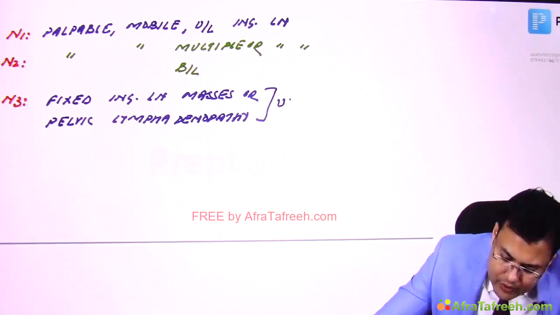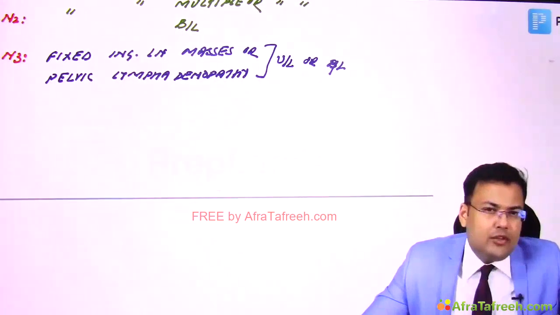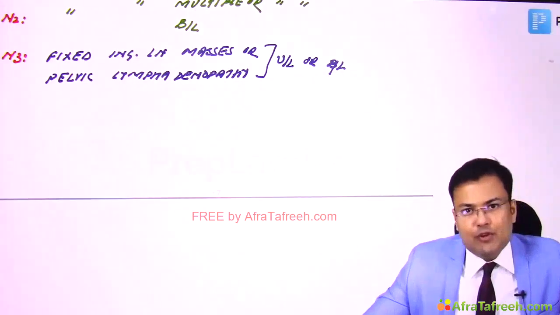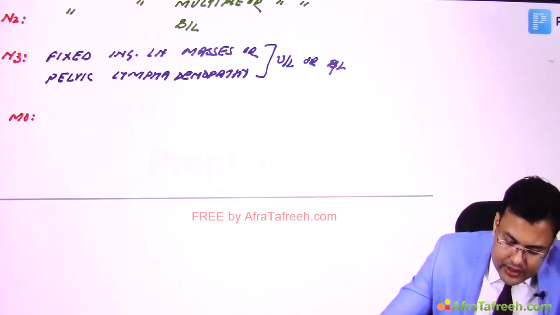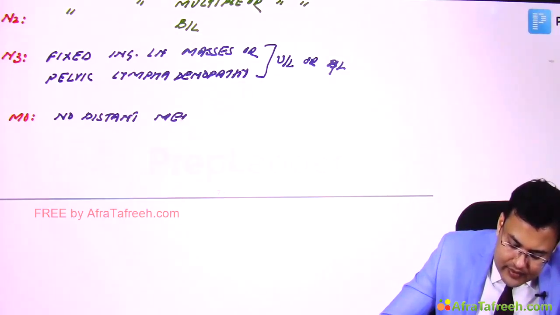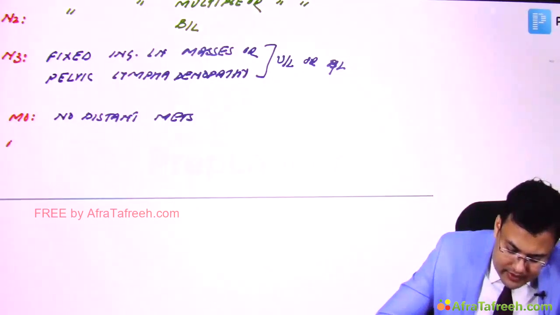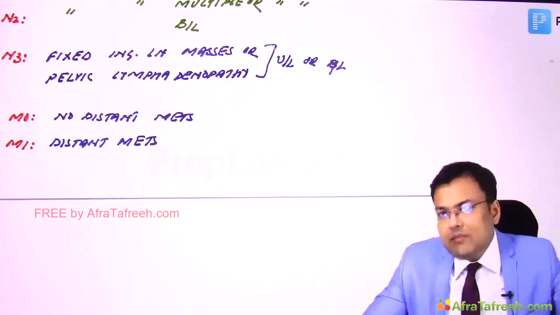And this can be unilateral or bilateral. Clear? Easiest is metastasis. So M0 means no distant metastasis and M1 means distant metastasis. Okay, so if it's M0 there is no distant metastasis, and if it's M1 there is distant metastasis. Clear?